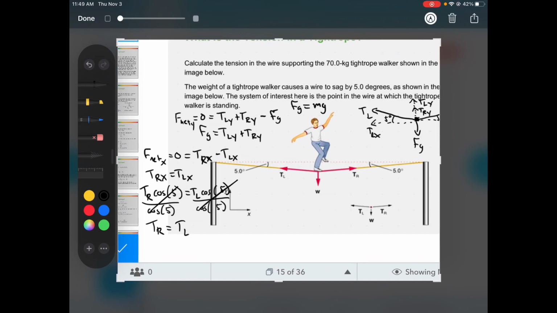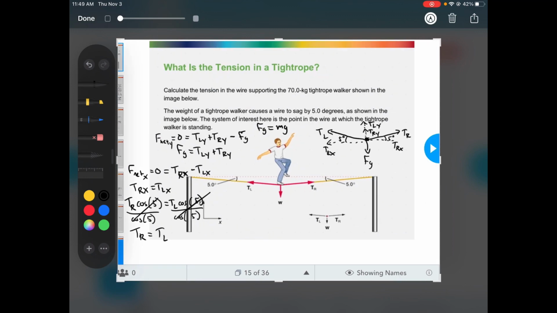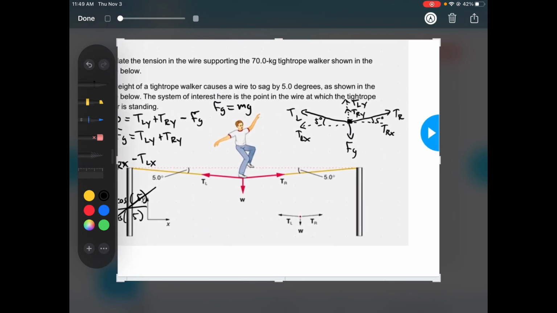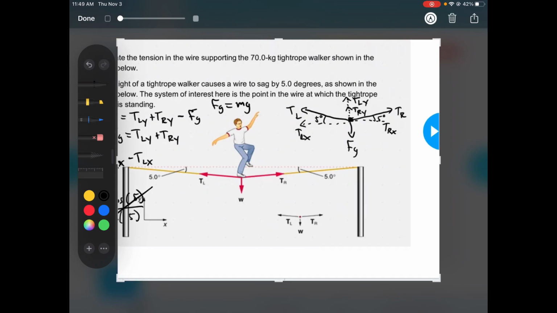All right, so that means that we can look at the y direction again, and shift this over to the other side here. Looking in the y direction, TLY is going to be equal to TL times sine of 5, and TRY is TR times sine of 5.